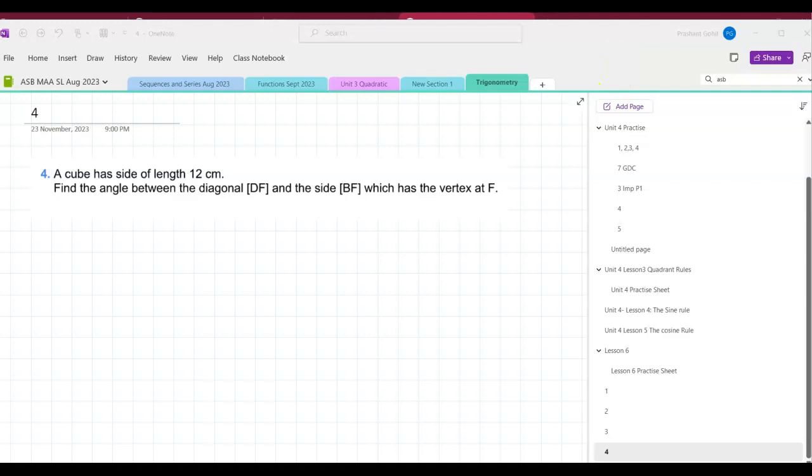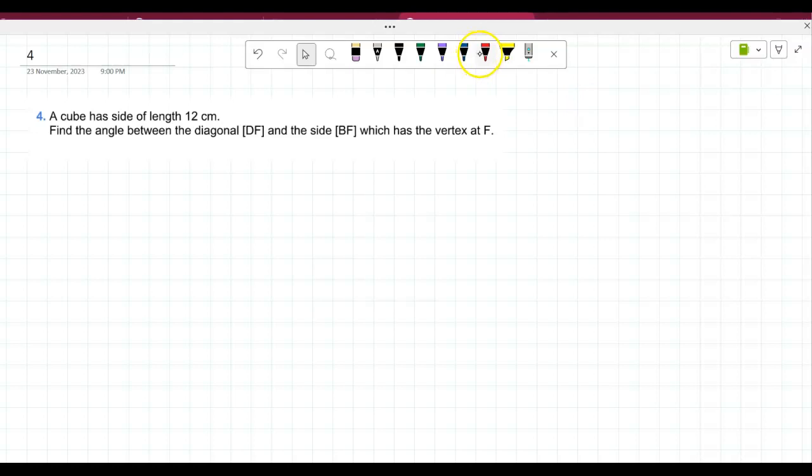So see, once again, if you're drawing it, I'll tell you what to do. If you're drawing this, you draw a square. Draw a square behind it. Okay? And then you join that.